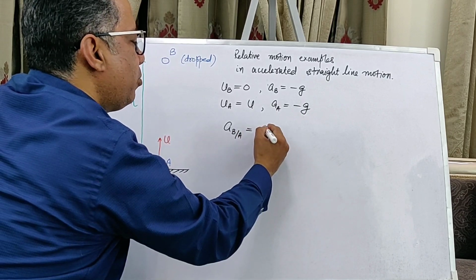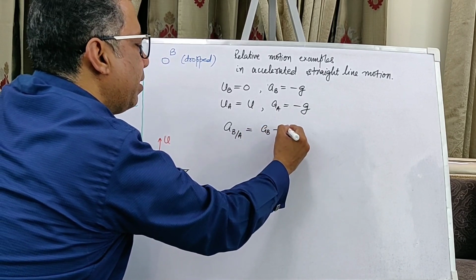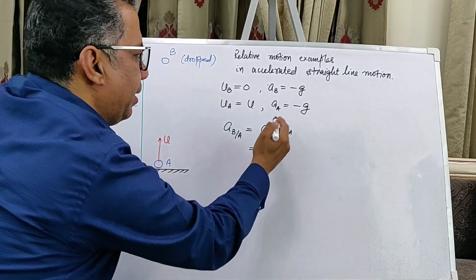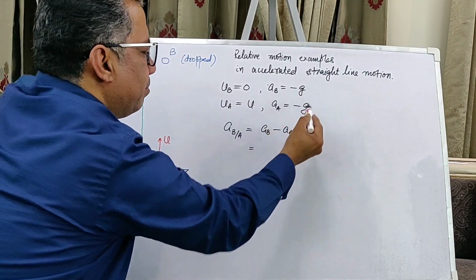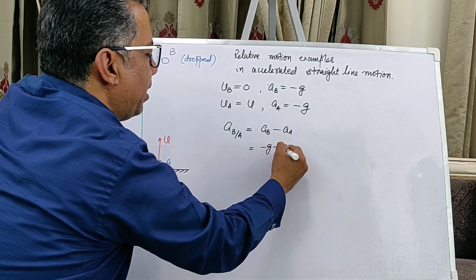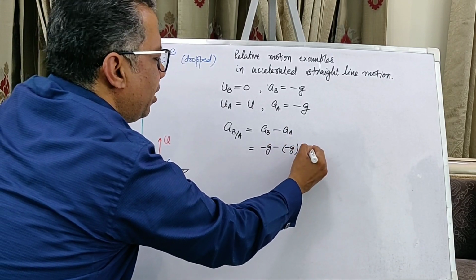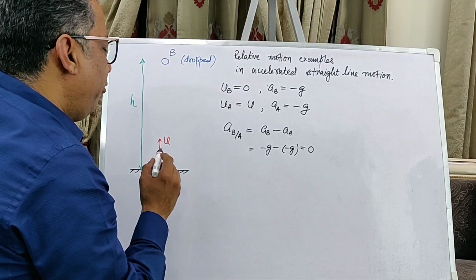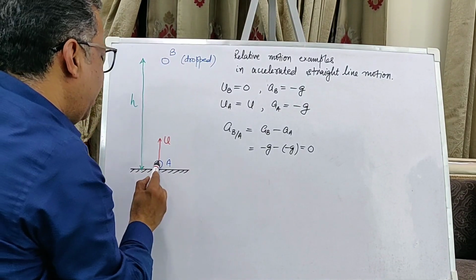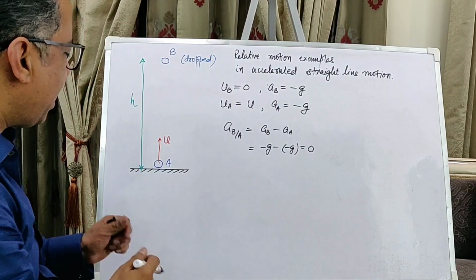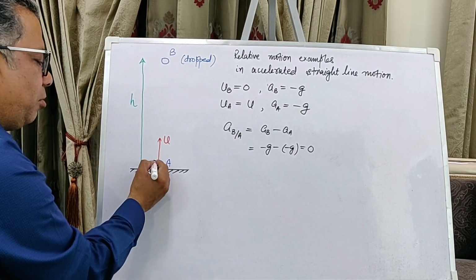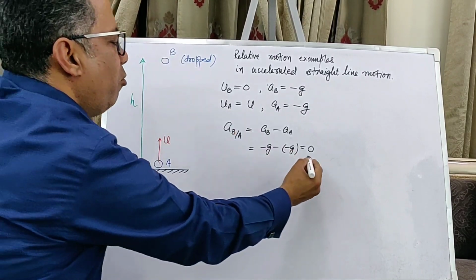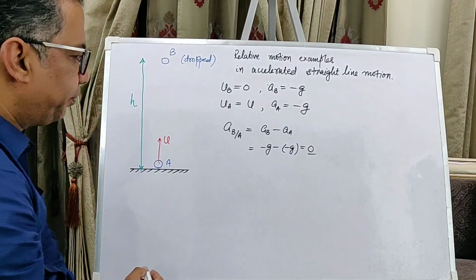Acceleration of B with respect to A is acceleration of B minus the acceleration of A. And this gives us minus g minus minus g, which is 0. So, if we are looking at the motion of B from A, imagine that you're sitting on A and looking at B, then B appears to be moving with 0 acceleration.